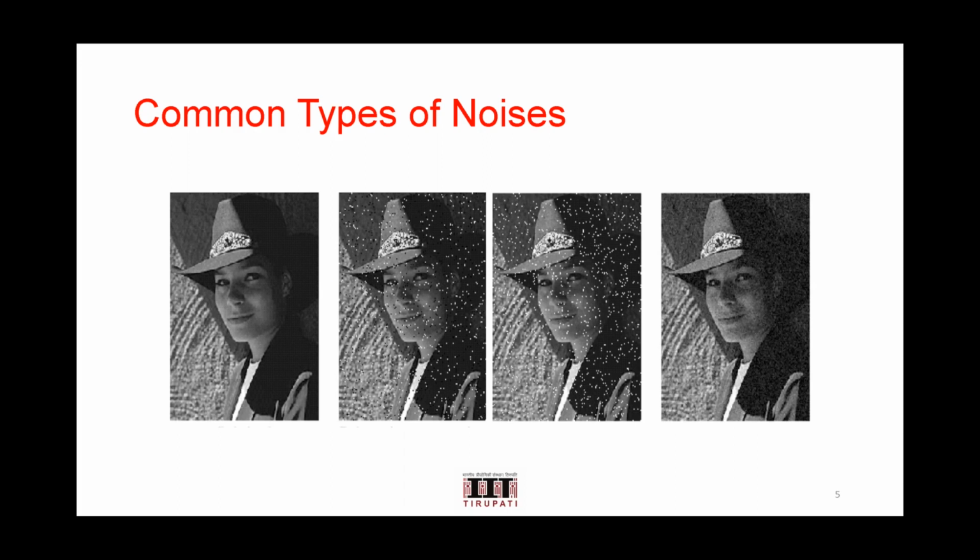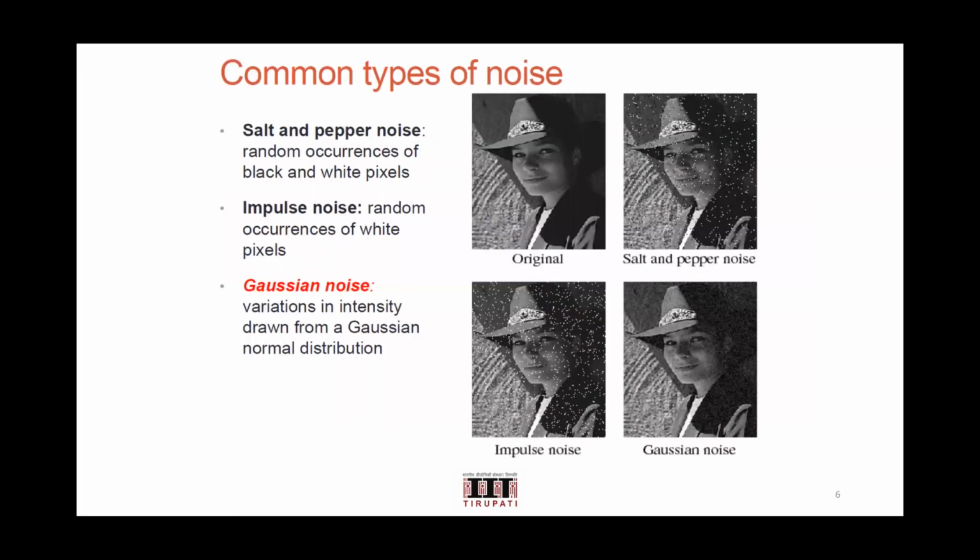So that's salt and pepper noise. What about the third image? It's impulse noise. Now there is no pepper, there is only salt. And obviously, what's the last one? Gaussian noise. That is slightly difficult to figure out. You need to have a closer look at it, then you would realize that.